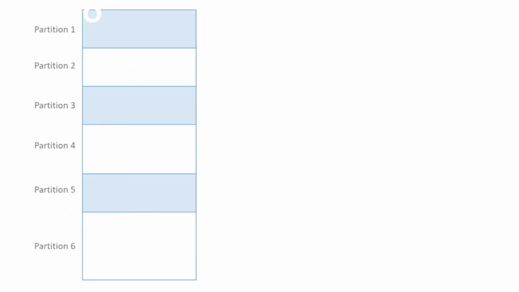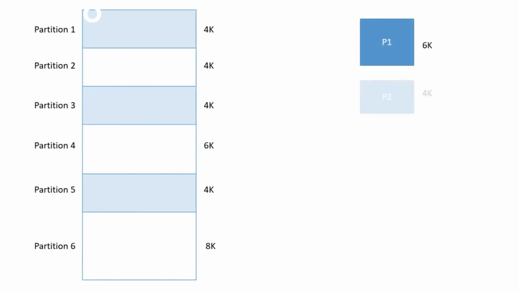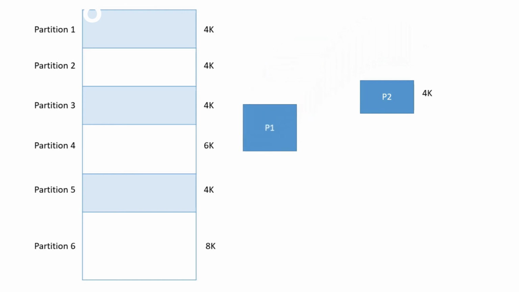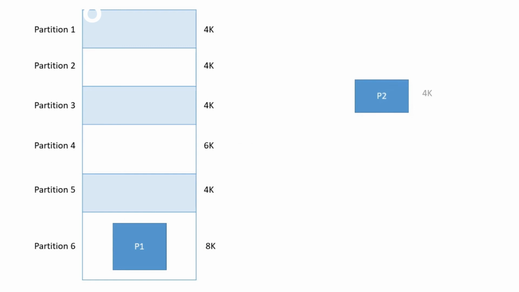As we can see in this example, the first process goes through the entire memory until it finds an available slot, in this case partition 6. Then, the second process goes through the memory again until it finds its available slot, which is partition 4.